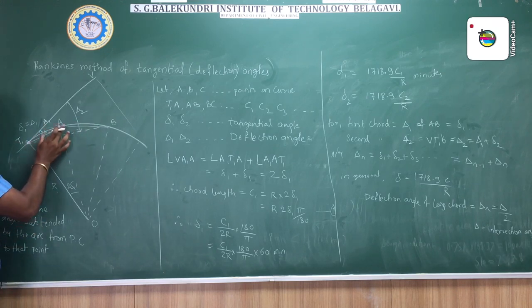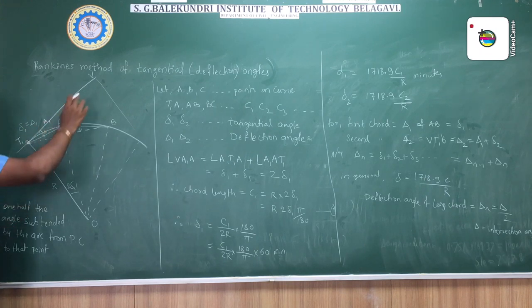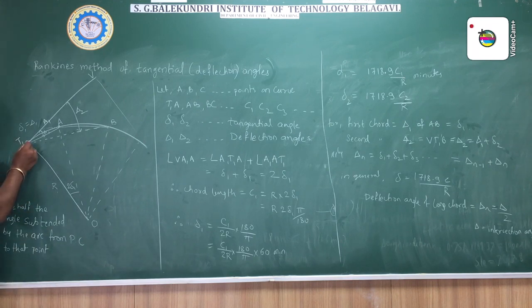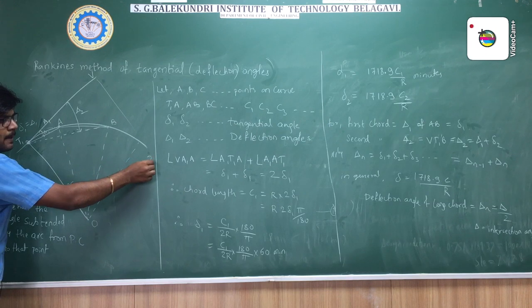It means with different chords, the tangential angles will be formed, and with these the total deflection angles can be calculated. The curve starts from T1, and T1 to A is considered as the first chord, A to B is the second chord, B to C is the third chord, like that continuing till it reaches T2.